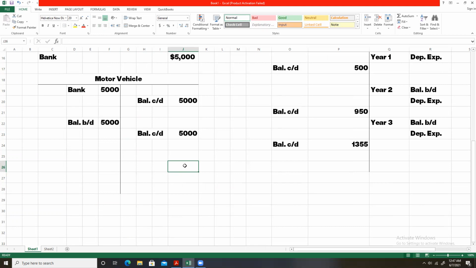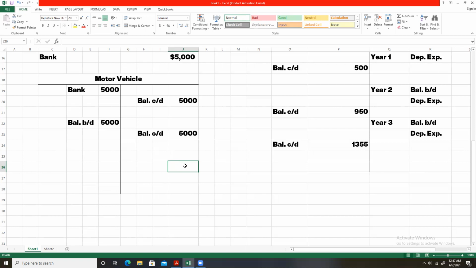If you purchase any other vehicle, then the cost will definitely rise. Or if you decide to sell one of the vehicles, then the cost account will show a fall in the value.